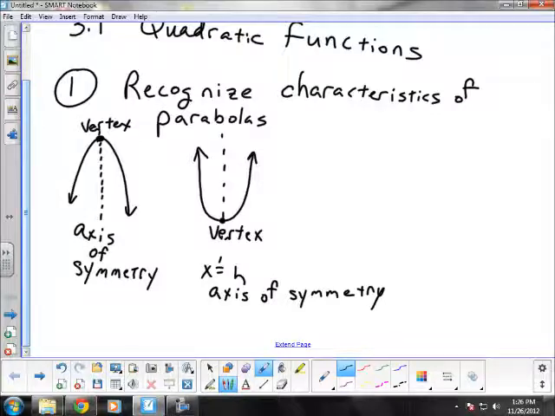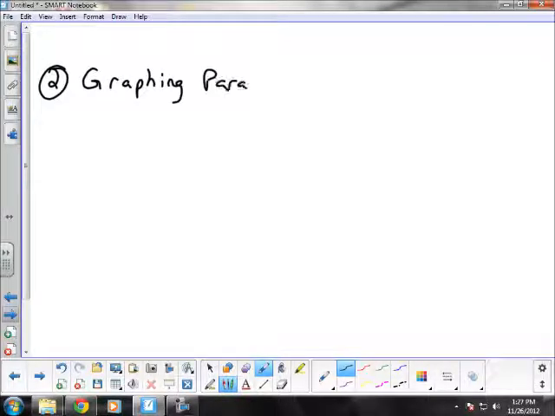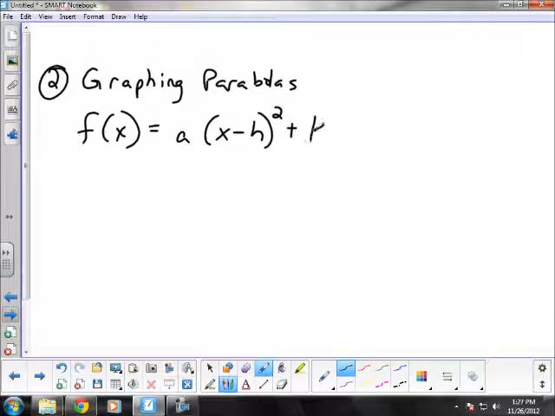So let's talk about some specifics about graphing these parabolas. So objective 2. If the equation is of the form f of x is equal to a times x minus h squared plus k, remember that a can never be 0, because I have to have an x squared term for it to be a quadratic equation, right?